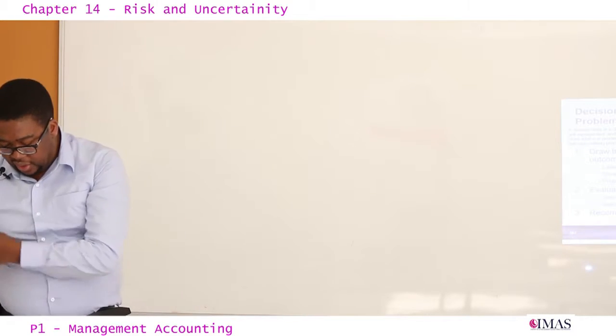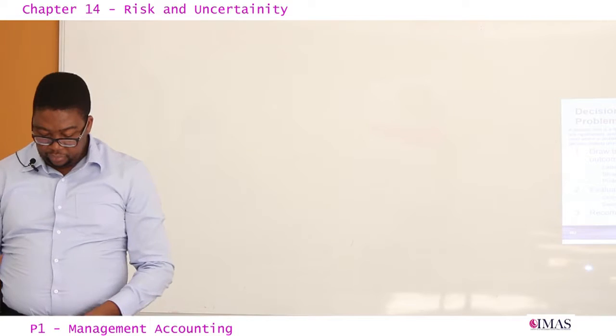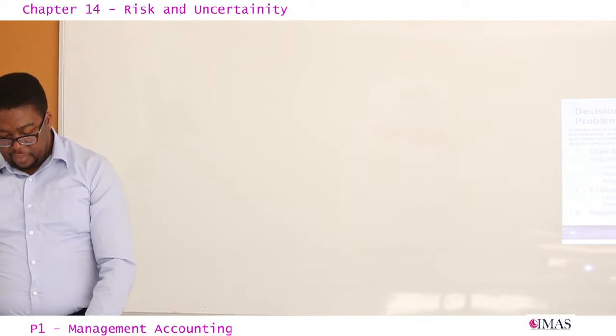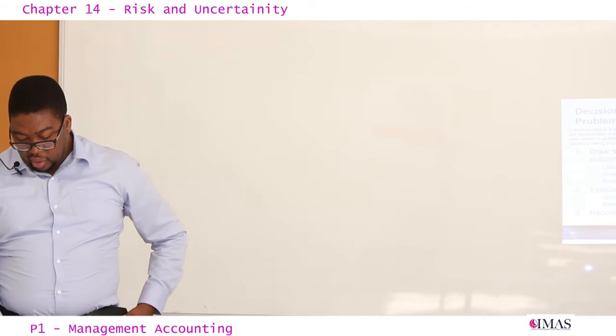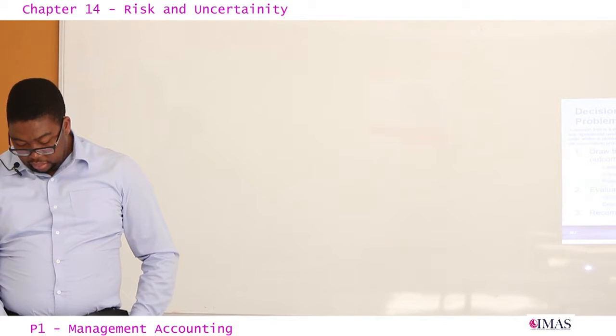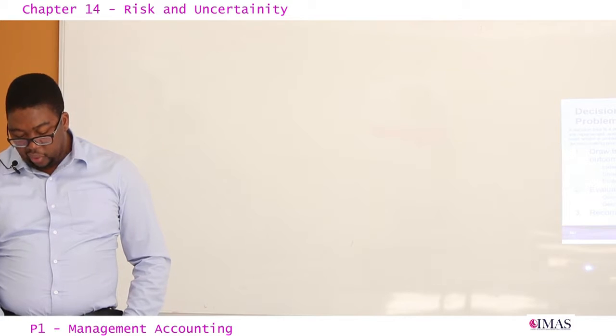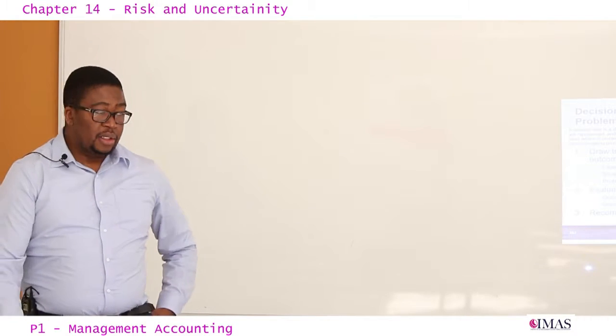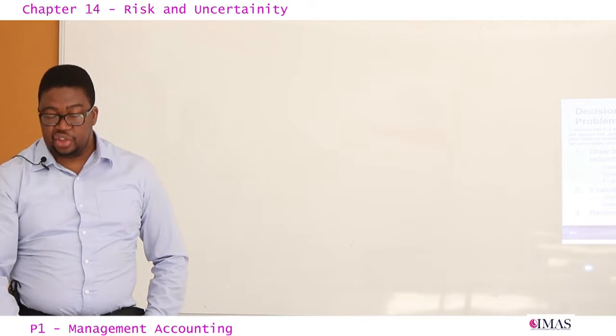Okay, Test Your Understanding 8. They're saying to you, calculate the maximum expected value of profit at decision point A. Therefore, now you are given the decision tree.